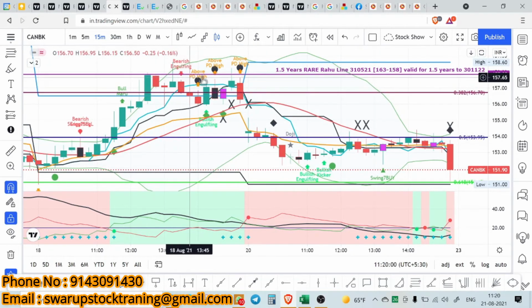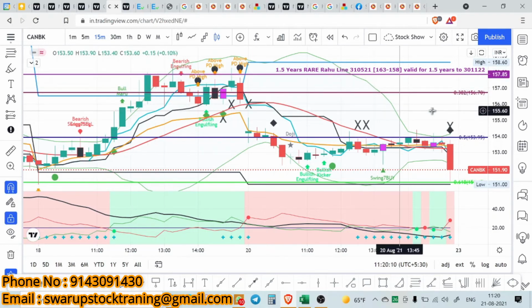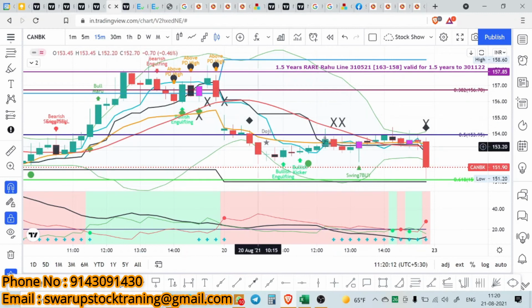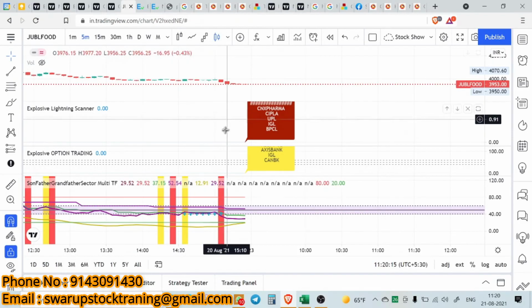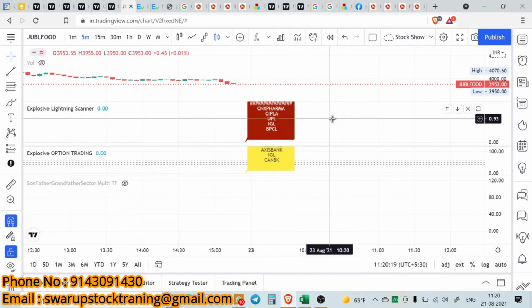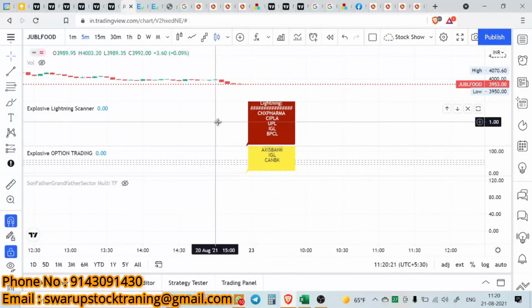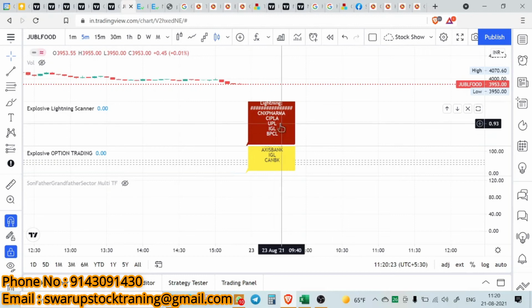At this level, either this candle or this candle or this particular candle, wherever you wanted to get out of the trade, you could have gotten out. This is our normal Nikola signal, and this is our famous scanner.